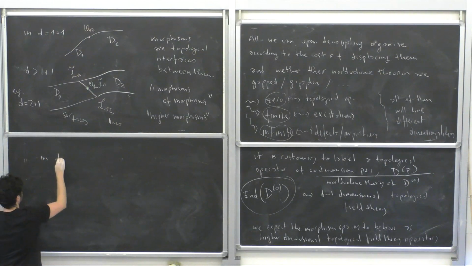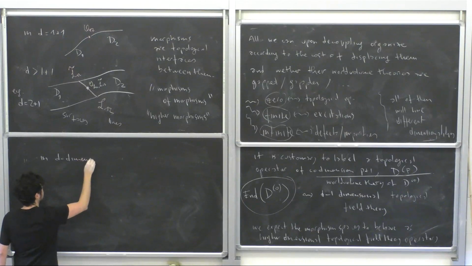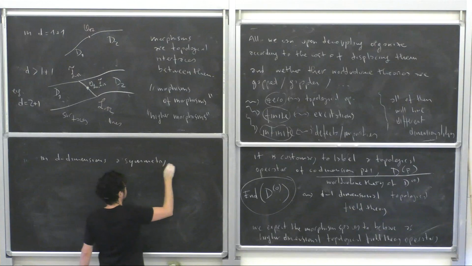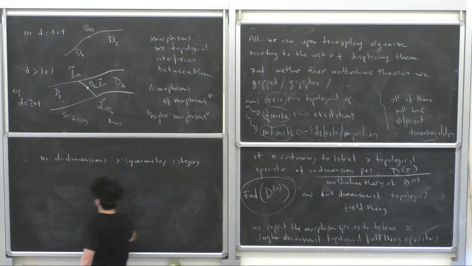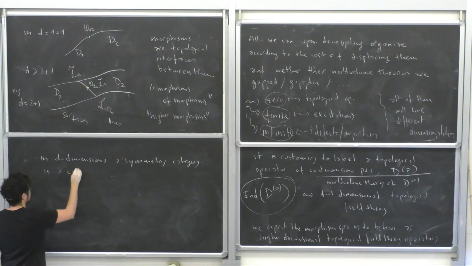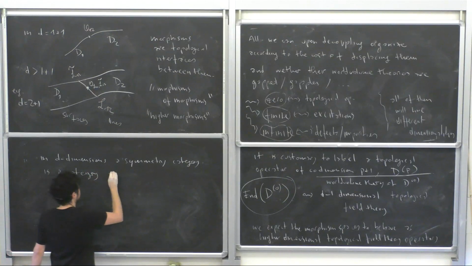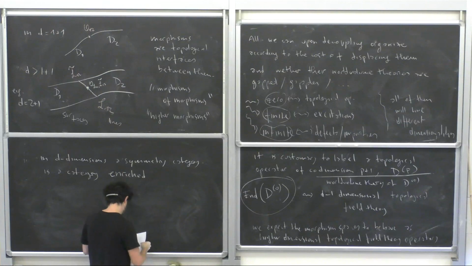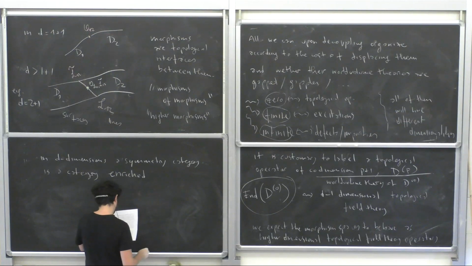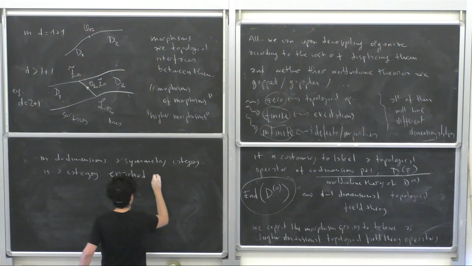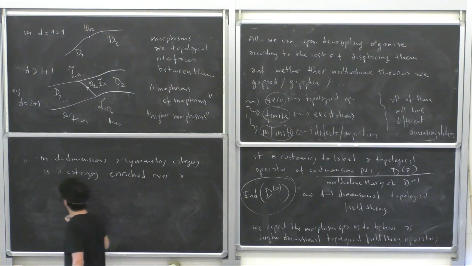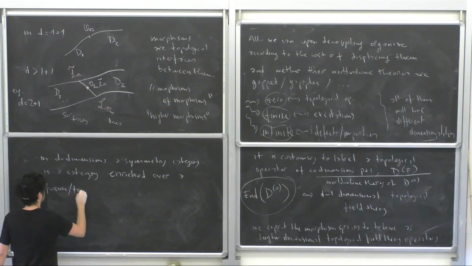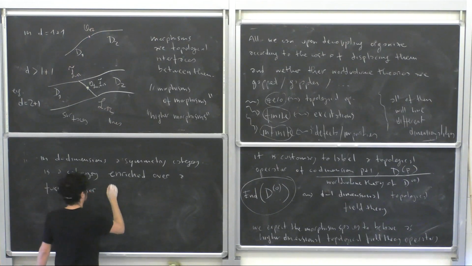in d dimensions, a symmetry category is a category enriched over fusion or tensor d-2 category.